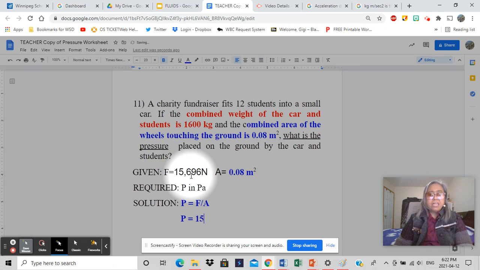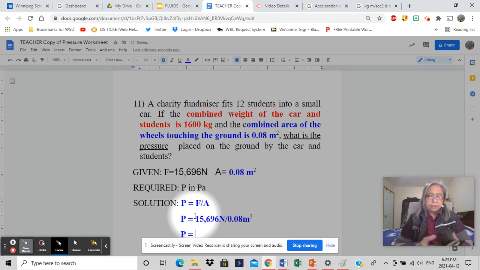Force, 15,696 Newton divided by A, which is 0.08 10 meters squared. Now you can use the online calculator, but if you have your cell phones with you, I think that would be faster, right?